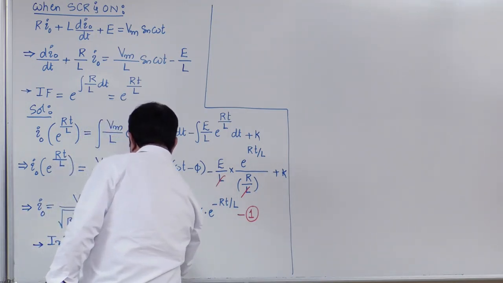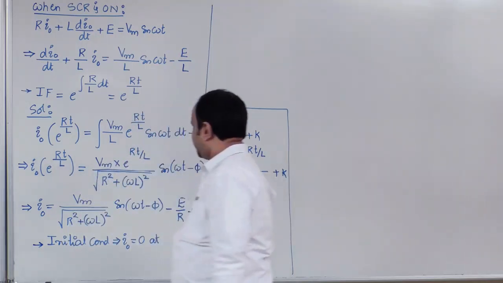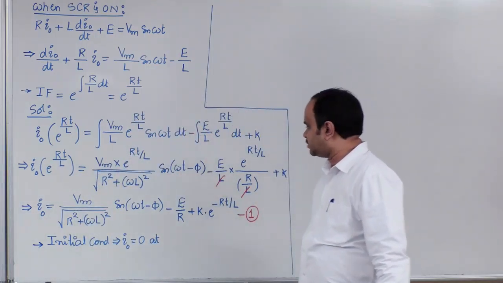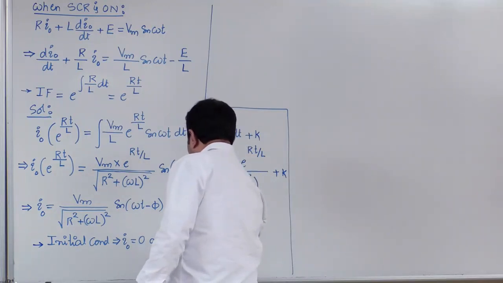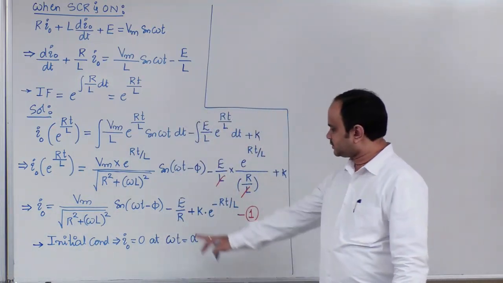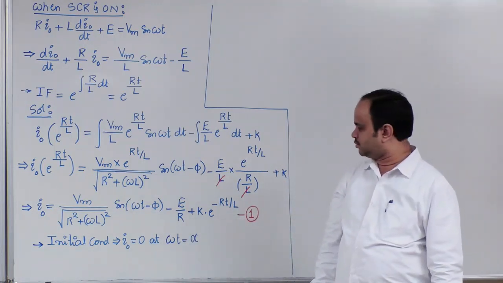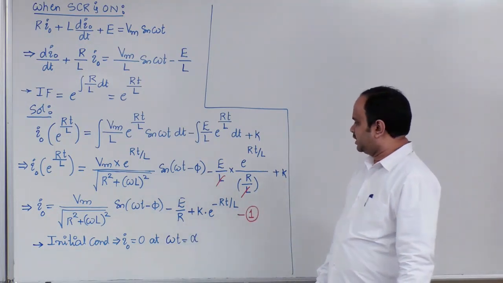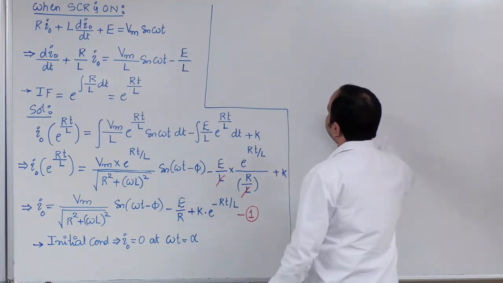What is the initial condition? That is, I naught is equal to 0 at omega t is equal to alpha. Now let us substitute that one.